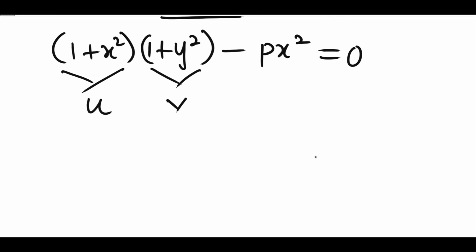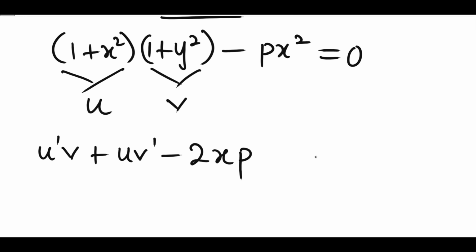So we differentiate our u, which is u prime, then you maintain your v, plus you maintain your u and you differentiate your v. Then minus px squared. We are differentiating with respect to x, so we are going to get 2x multiplying p, since p is a constant, equal to 0.